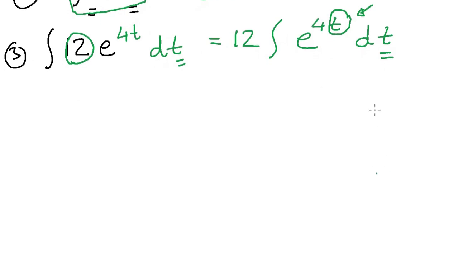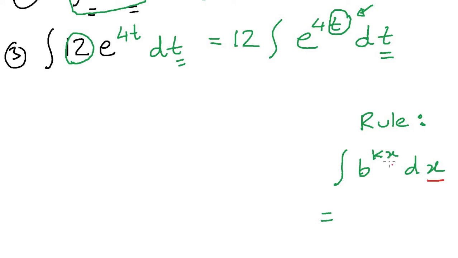This rule was covered in the second video. According to that video, the rule tells us if you have a situation where the independent variable is in the exponent. So this was the rule that you saw in the second video. Please note, in this case the independent variable x is in the power, it is in the exponent.